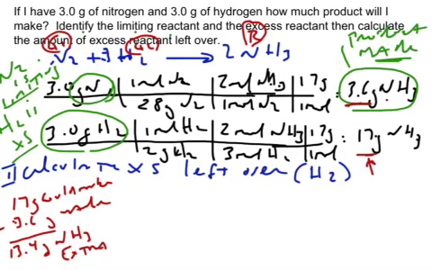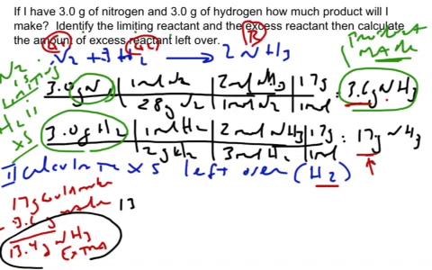But you see, the problem doesn't ask me how much ammonia I have left over. I don't have ammonia left over, that's the product. I need to figure out how much hydrogen is left over. So I take this 13.4 over here and plug it into the equation, and solve it for hydrogen.